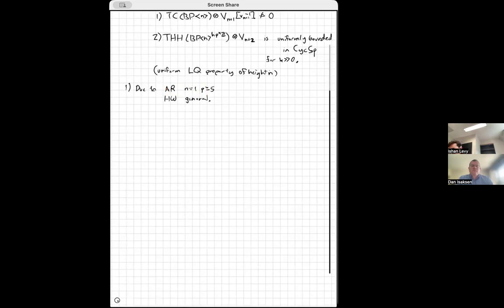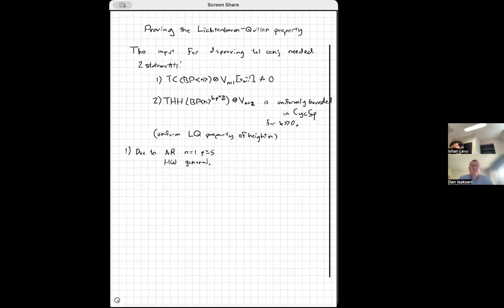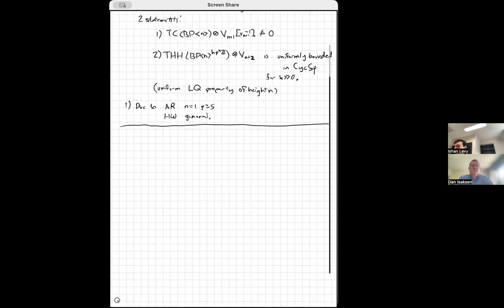Okay, so we're interested in proving boundedness in cyclotomic spectra. So I want to tell you some important tools for thinking about boundedness. So part of the data of a cyclotomic spectrum is a spectrum with a circle action. So here's a property that a spectrum with a circle action has if it's bounded in the category of cyclotomic spectra.